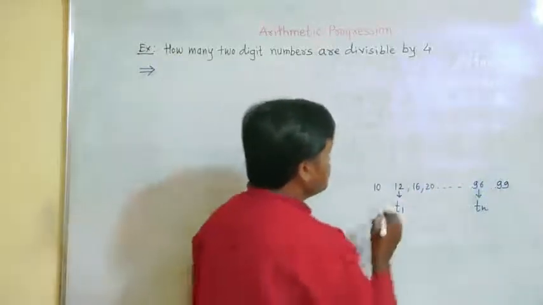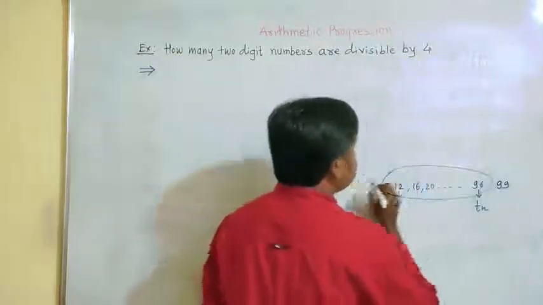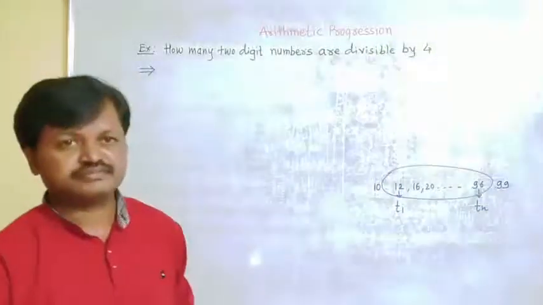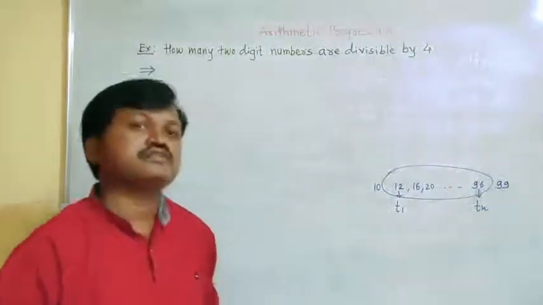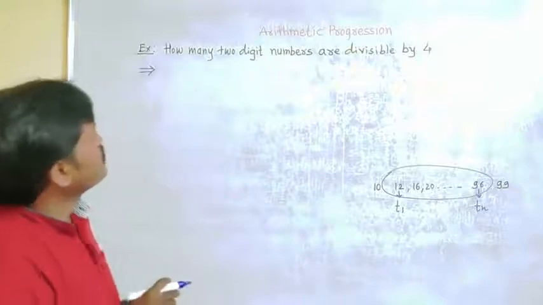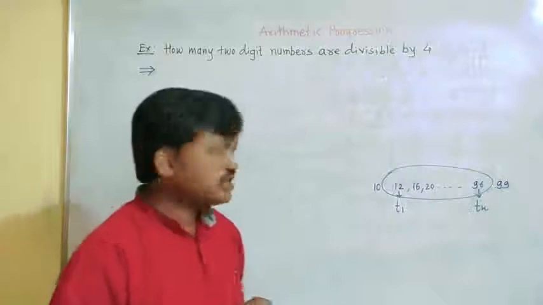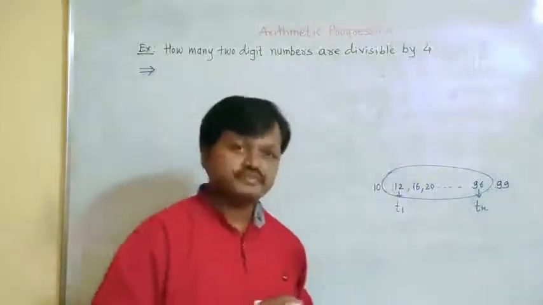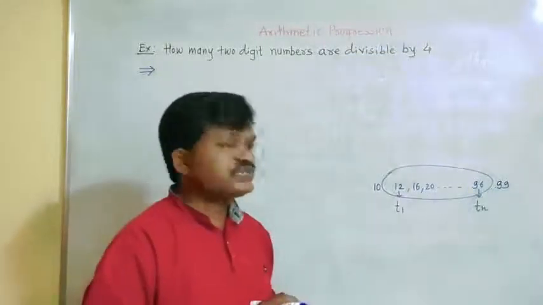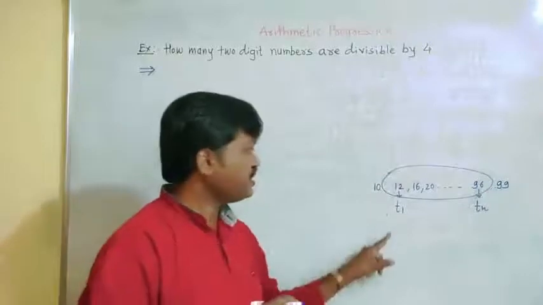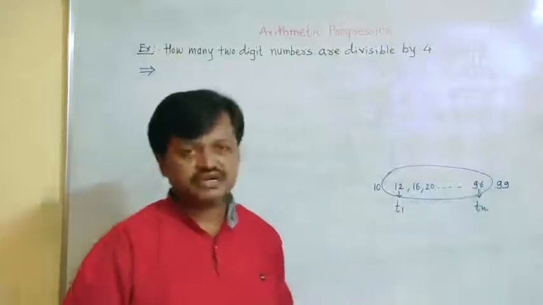And we find out from 12 to 96 how many numbers, म्हणजे ह्या संख्या किती आहेत, म्हणजे 4 न भाग जाणाऱ्या 2 अंकी संख्या किती आहेत ते काढण्यासाठी आपण काय केलं, 2 अंकी संख्या कुठून कुठे आहेत, 10 पासून 99 पर्यंत आहेत. मग त्याच्यातील पहिली संख्या 4 न भाग जाणारी 12 आहे आणि शेवटची 96 आहे.